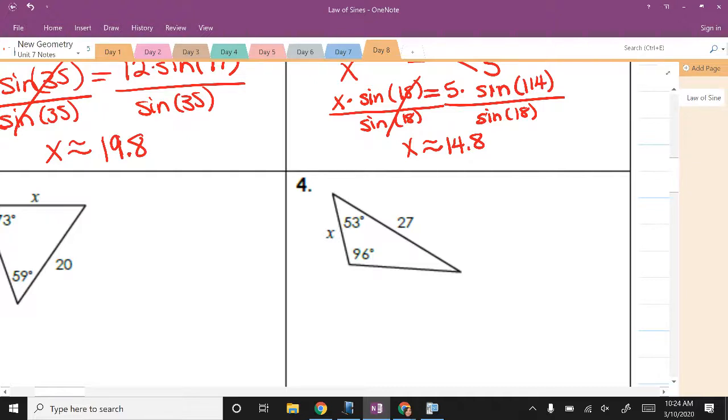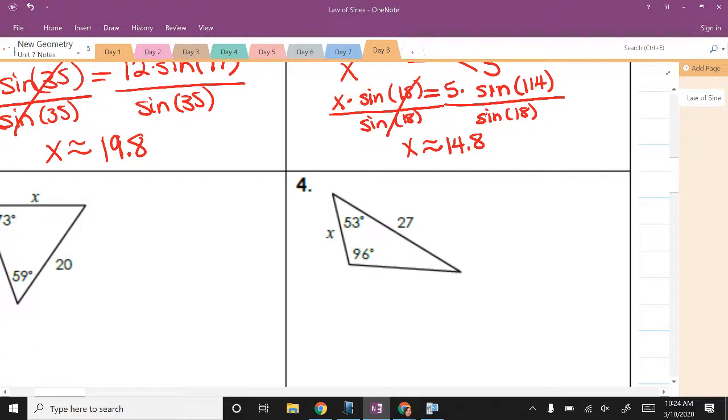So the 27 is across from what angle? 96. The x is across from what angle? We don't know. So our first job is to find out what this angle is. Do we have enough information in our triangle to find out that angle? Yeah. How do we do that?